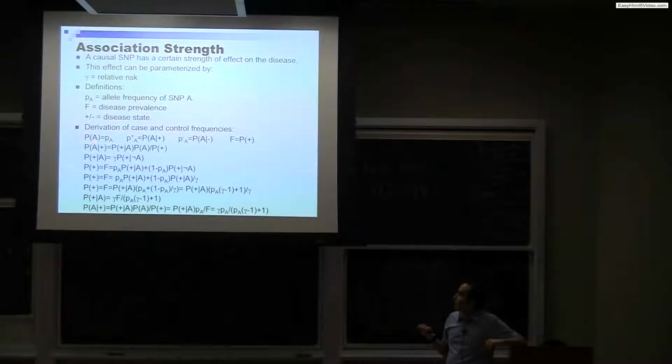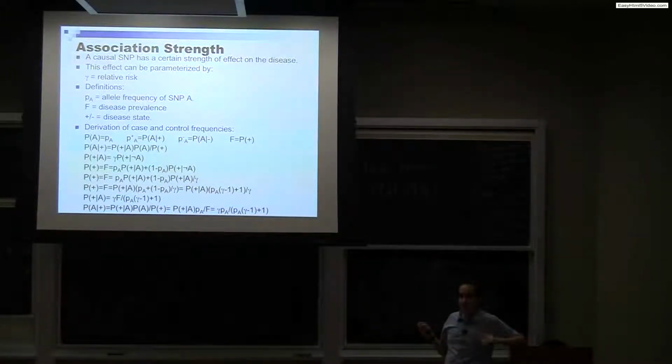Okay, so now what I'm interested in is what? I'm interested in the cases, what's the frequency going to be, and in the controls, what's the frequency going to be. So that's what these are going to be. I'm interested in P plus A and P minus A. I'm just rewriting them a little bit simpler, which is the probability that you observe SNP A given that you're a case, and P_A given that you're a control.